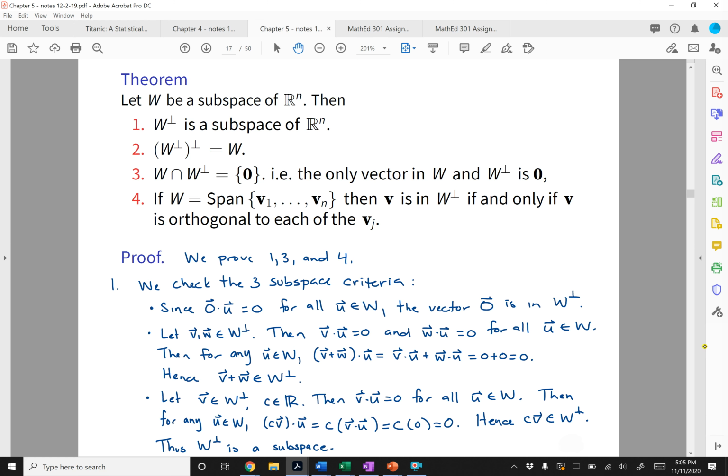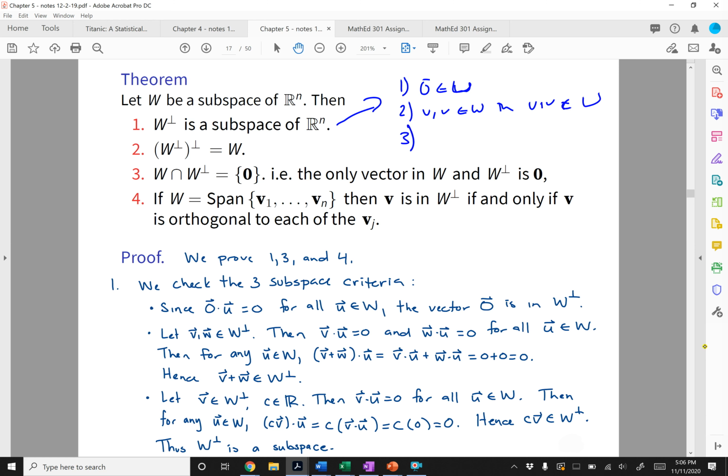What we're doing is talking about subspaces right now, and if you remember, we needed three things. One, the 0 vector had to be an element of the subspace. Two, if U and V are elements of the subspace, then U plus V is in the subspace, and that works for these.